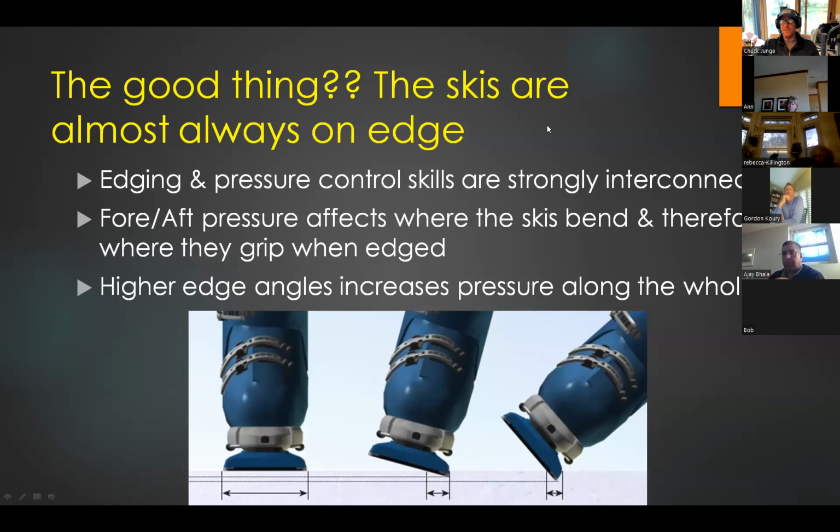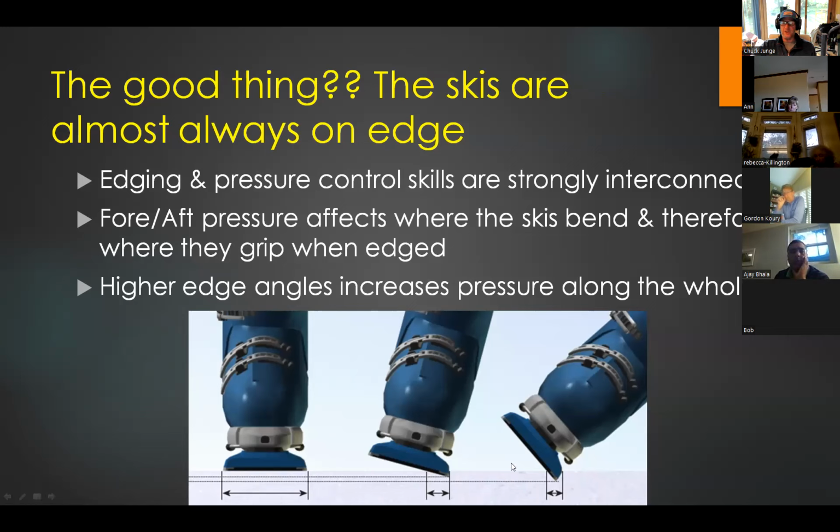The good thing is the skis are almost always on edge. So we don't really have to worry too often about a flat ski trying to turn. They're strongly interconnected, edging and pressure. Fore-aft pressure affects where the skis bend and therefore where they grip when edged. Higher edge angles increase the pressure along the whole ski.